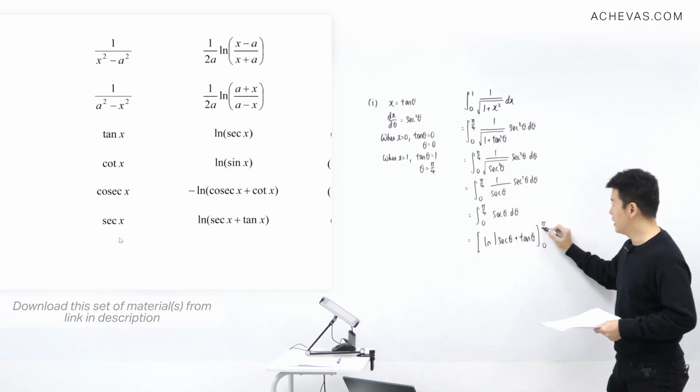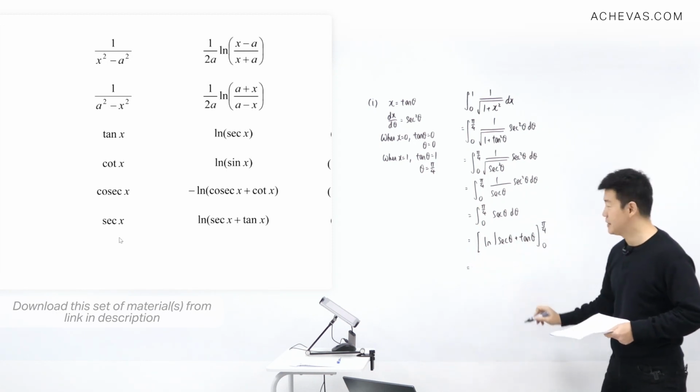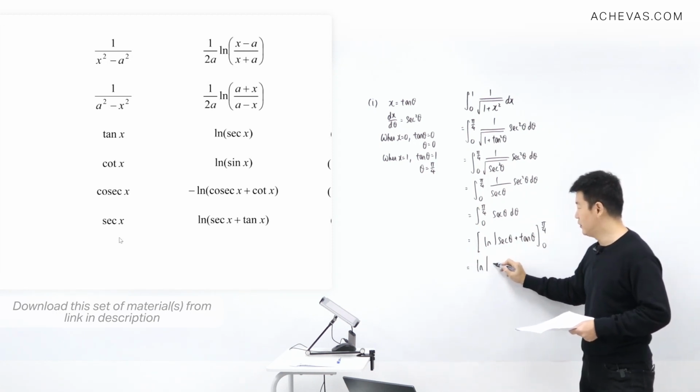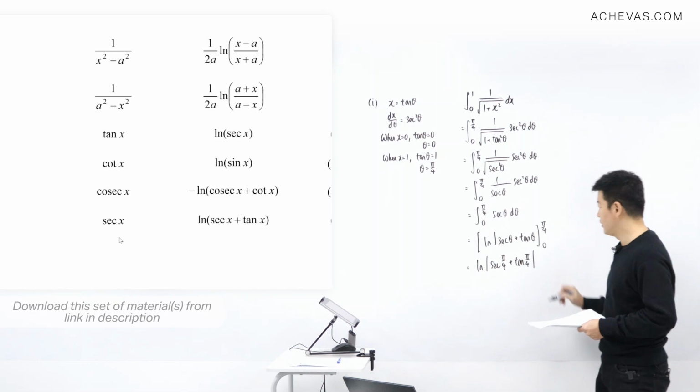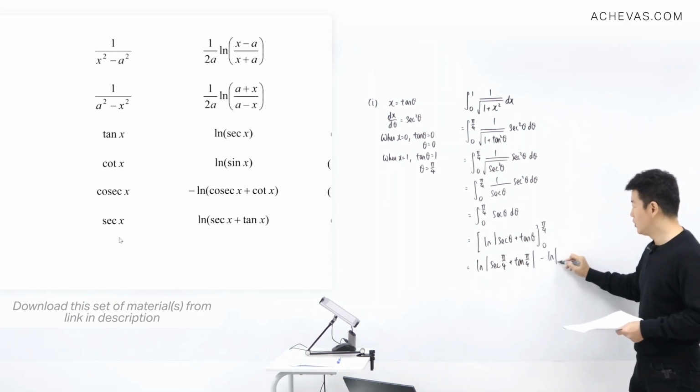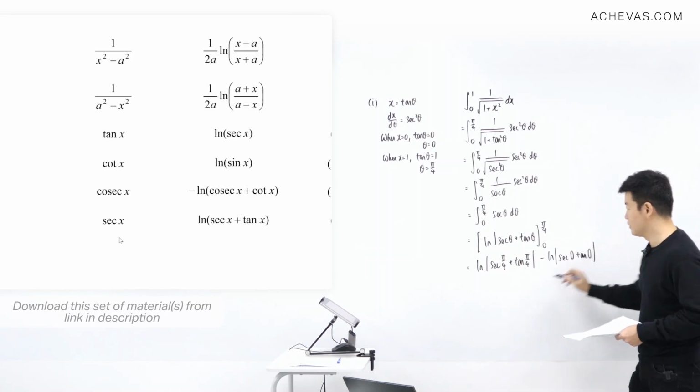From 0 to pi over 4, let's substitute the numbers in. It is going to be ln of secant pi over 4 plus tangent pi over 4, minus ln of secant 0 plus tangent 0.